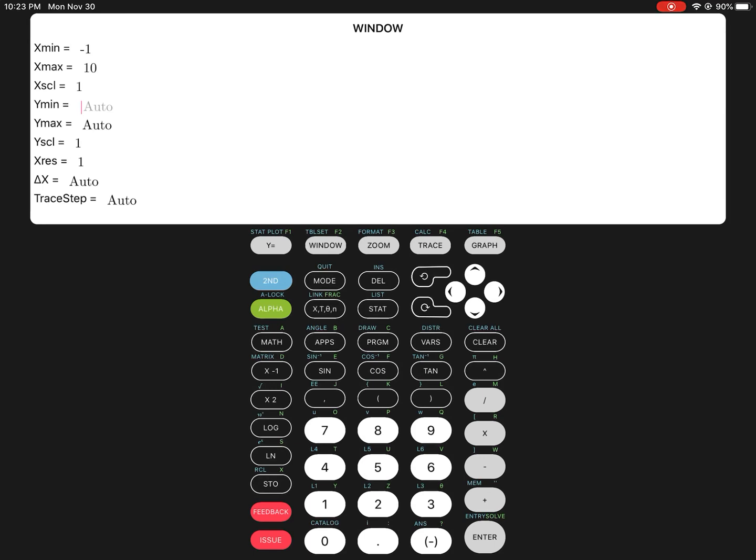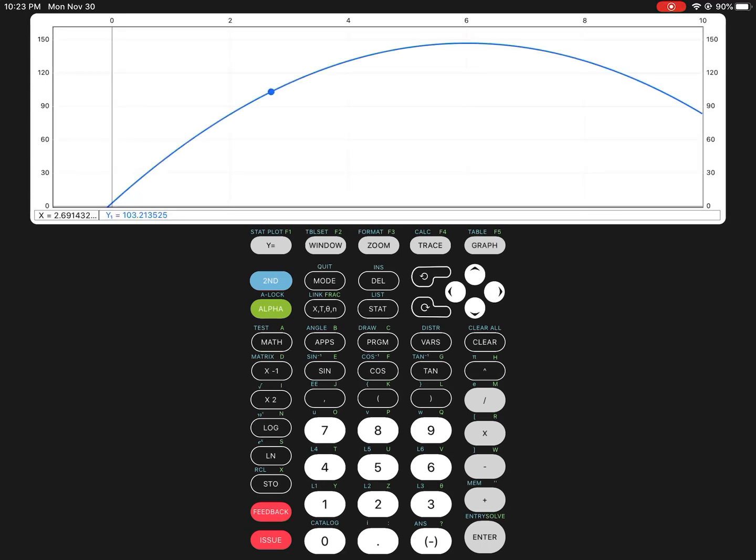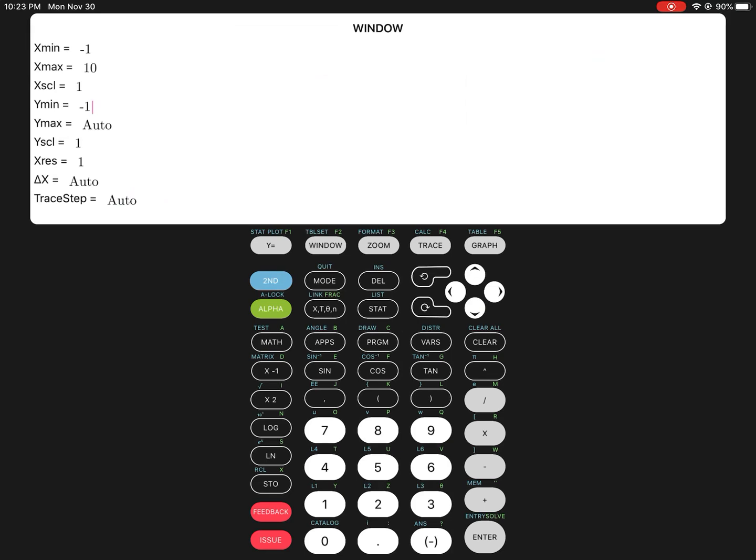Now TI-83 does not have these auto features, but I would change this to maybe a negative 1 or a negative 10. And there I can see almost everything. I can see that I need to move my graph over a little bit to the right. So I'm going to go into my window that was preset when my graphing calculator did a zoom fit. Right now it's at a 10.